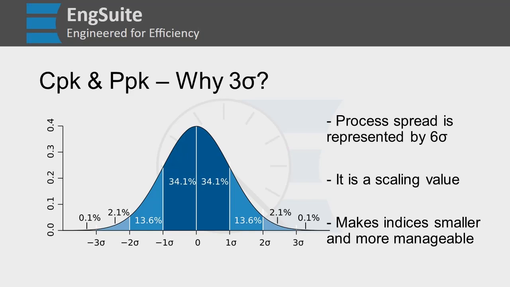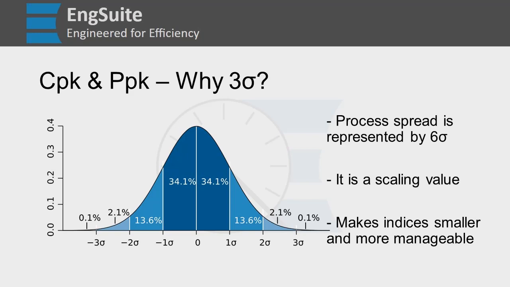But why the 3 sigma? Why the 3s? It's because you've heard of 6 sigma, lean 6 sigma. We've already talked about it a little bit in here. And that's because your process spread is represented by 6 sigma. That means that we really only care what happens between -3 and +3 sigma. That's where we want everything to be.